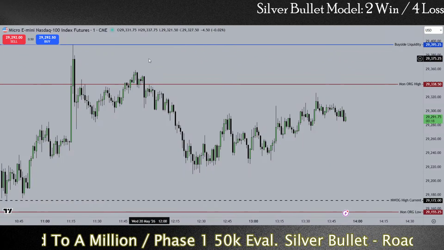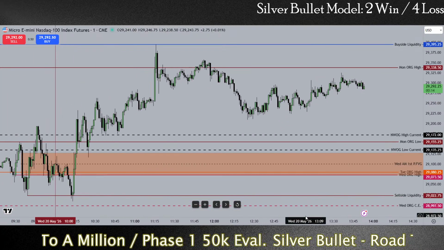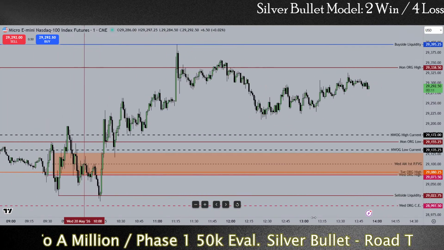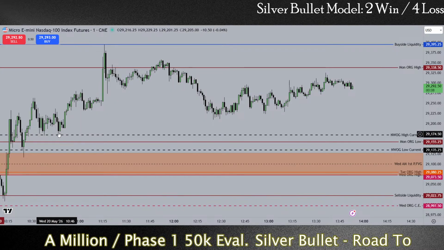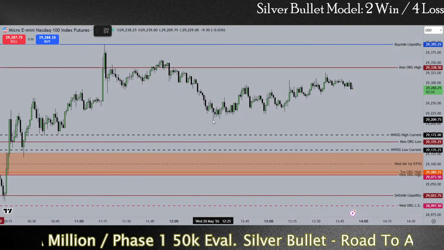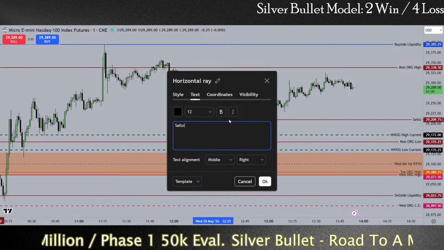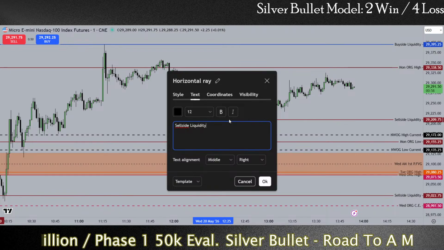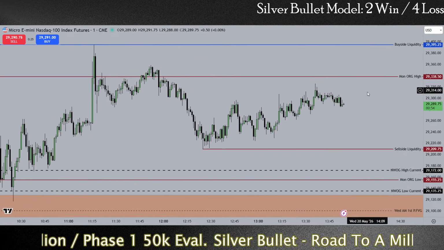I will just make it like this. So this is where the buy side is. There are some relatively equal lows here that are interesting, but the near-term sell side is right there. All right.